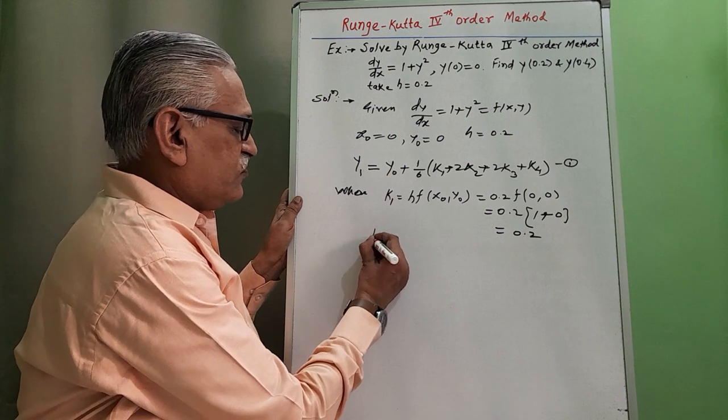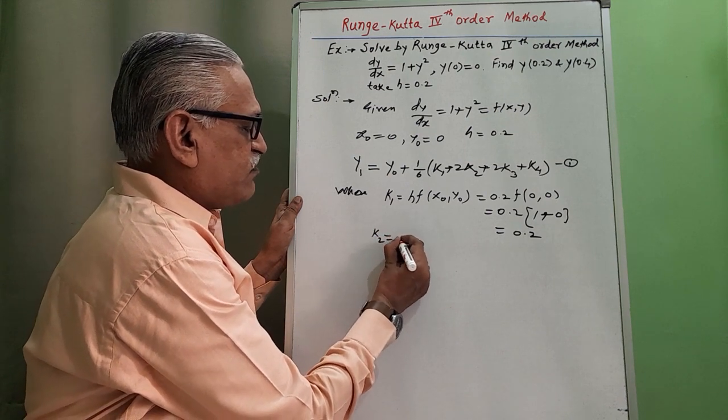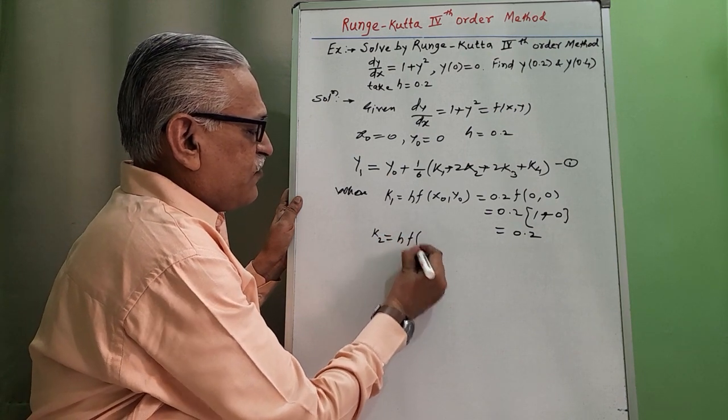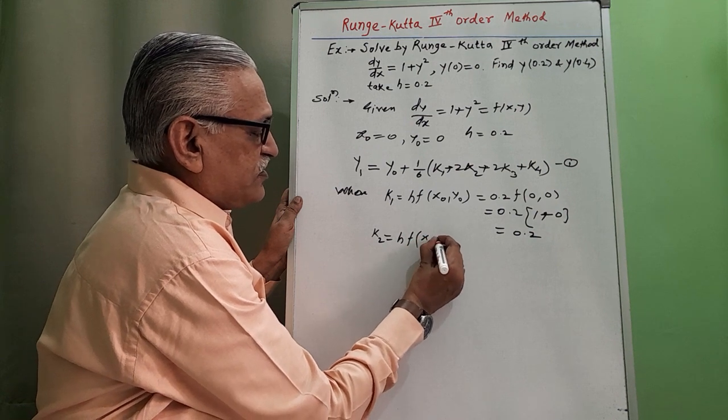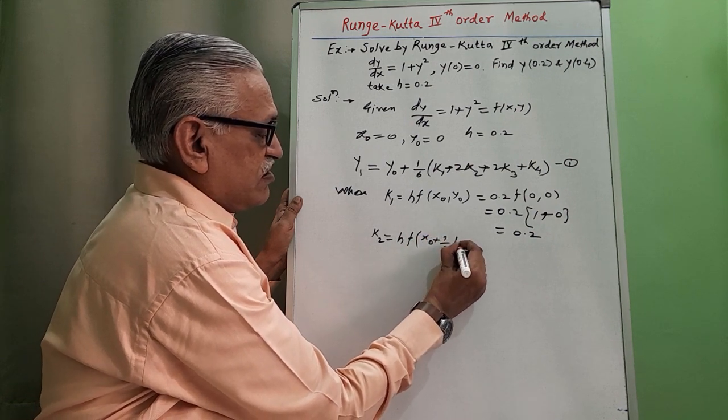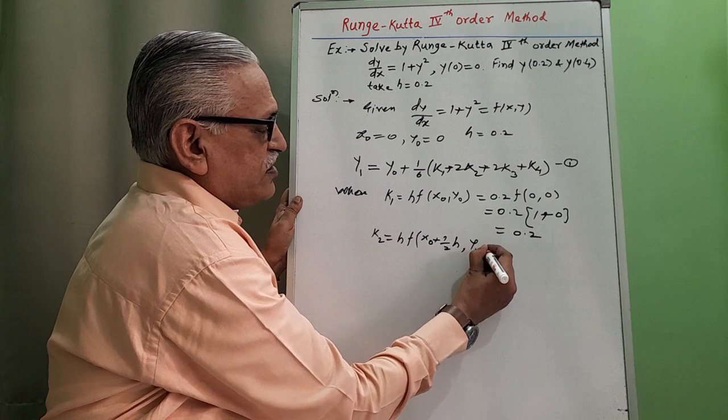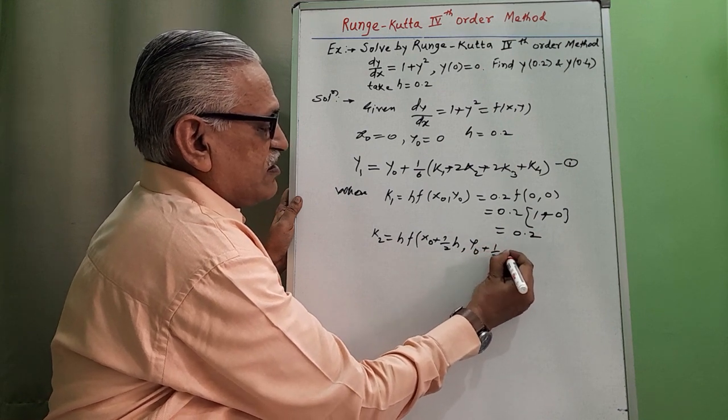Then k2 is obtained by h f of x0 plus half h and y0 plus half k1.